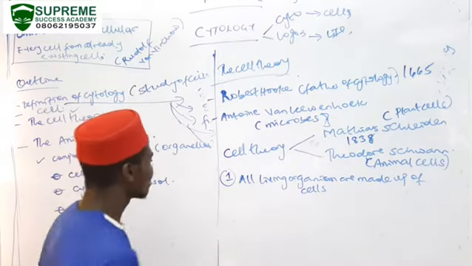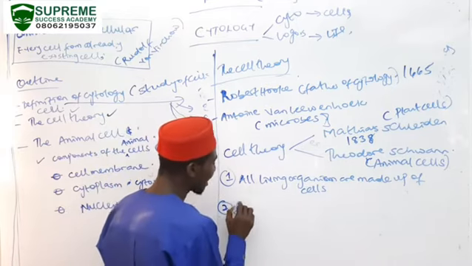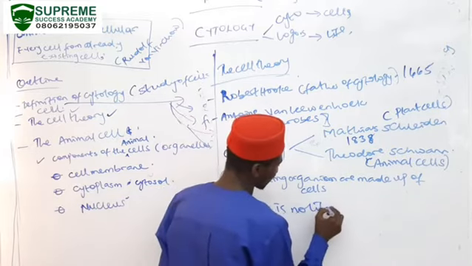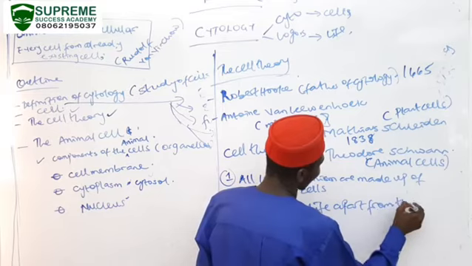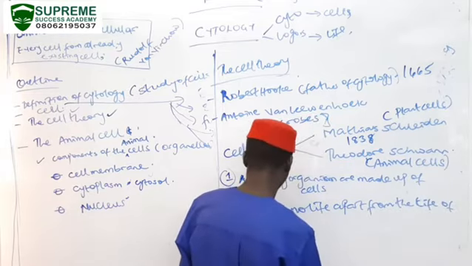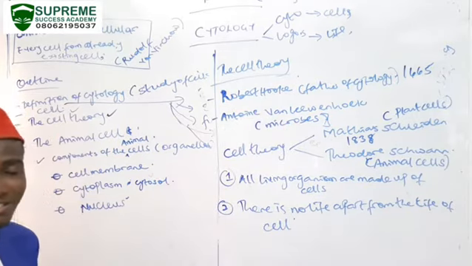Then number two, they also said there is no life apart from the life of the cell. So if an organism does not possess a cell, then that organism is not living.